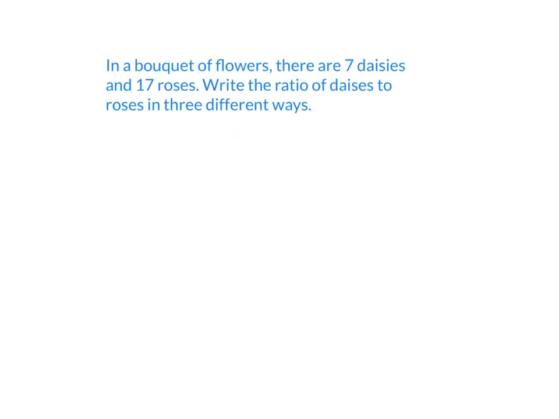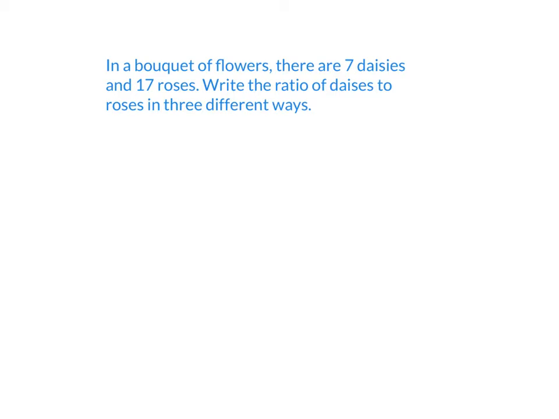So I'm going to show you this problem, and it says, in a bouquet of flowers, there are 7 daisies and 17 roses. Write the ratio of daisies to roses in 3 different ways. One thing that's really important when we have ratios is the order that they tell me the quantities.